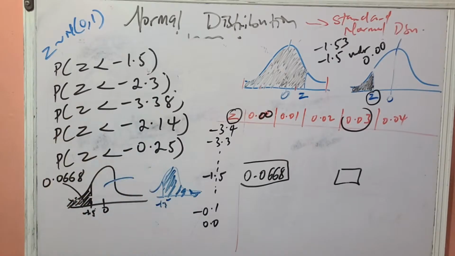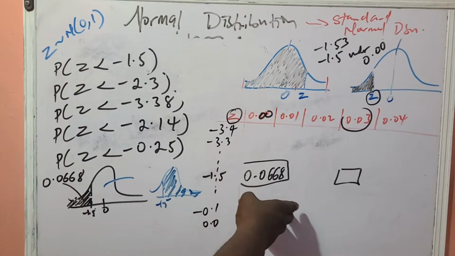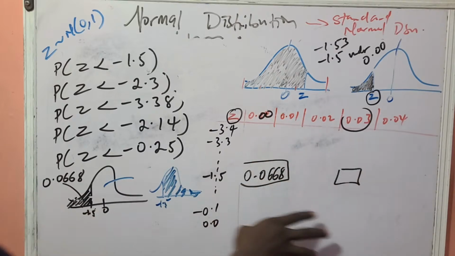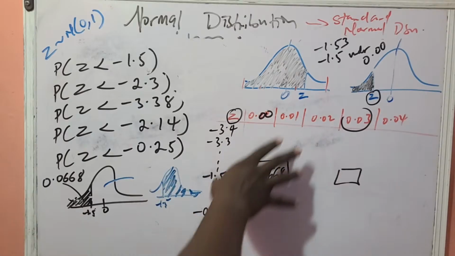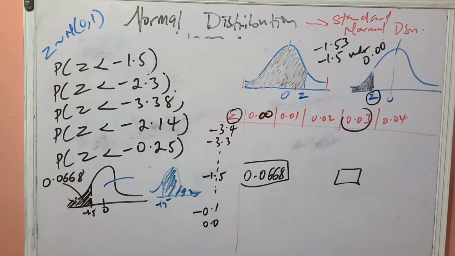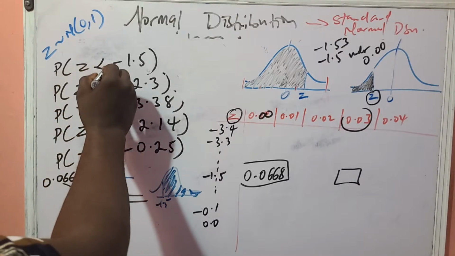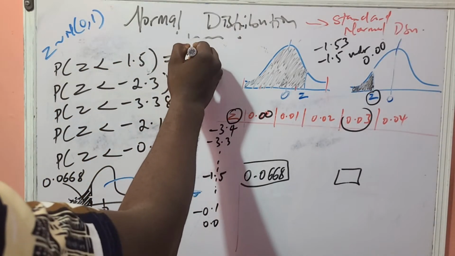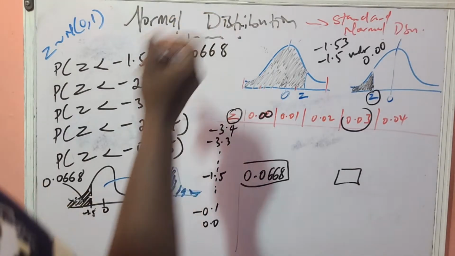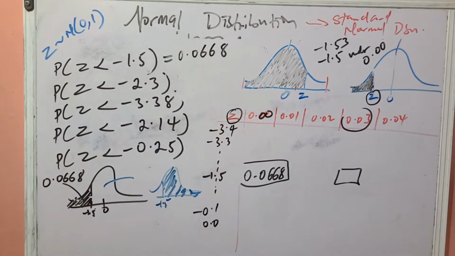All right, you're done with that. You now went to your table. I told you that every value you have here is identified with the area under the curve, and also probability, anyhow you want to say it. So the answer to this question, where they said we should find probability of Z less than minus 1.5, is actually equal to 0.0668.